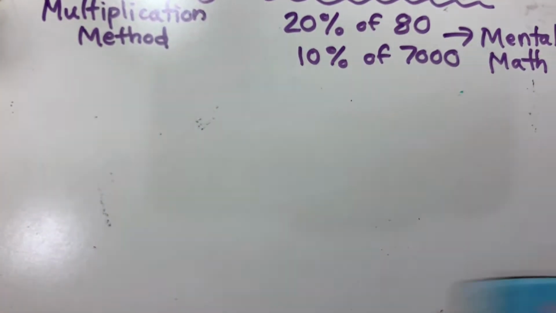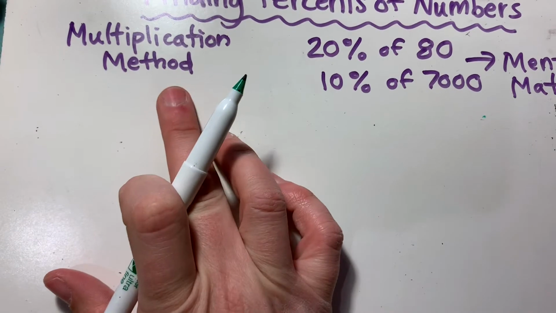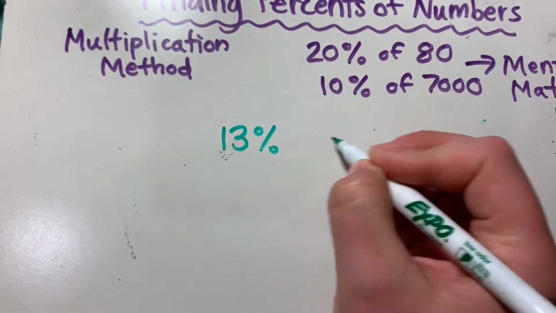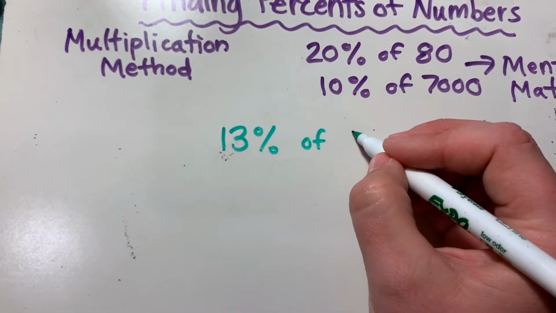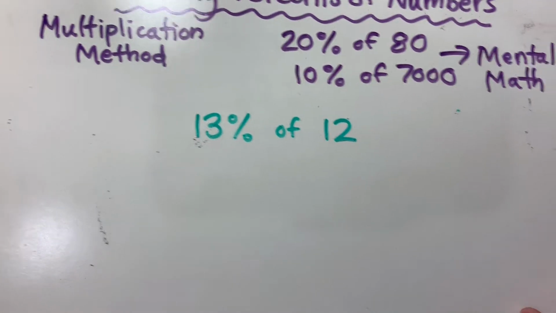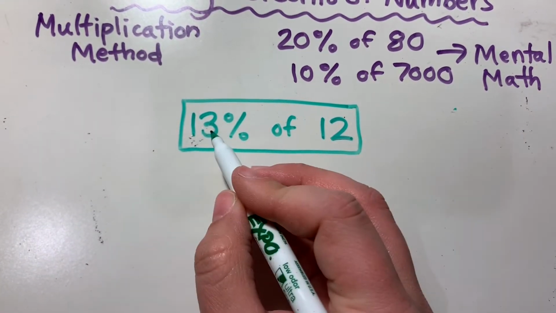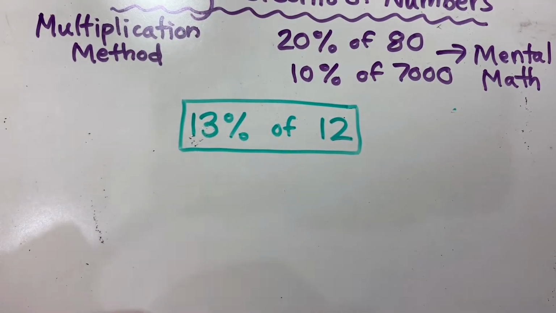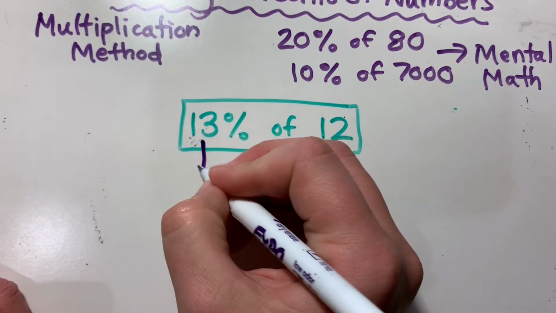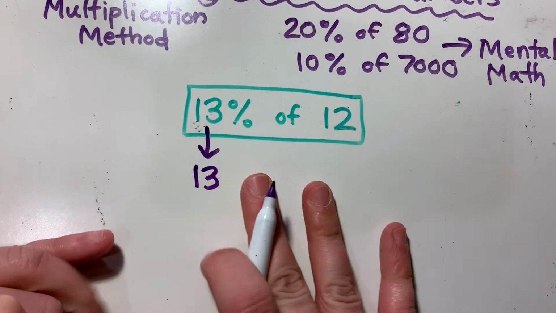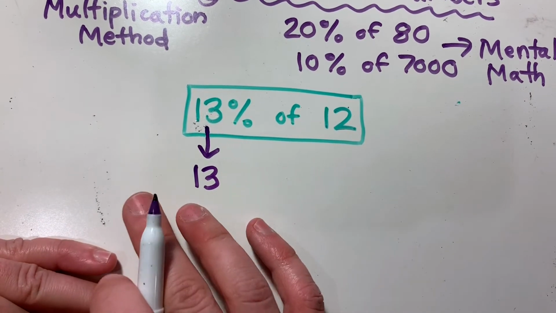So let's apply this multiplication method to finding percents. Let's find 13% of 12. Step number 1: you need to turn this percent into a decimal. This is why I spent so much time reviewing how to turn percents into decimals and decimals into percents.